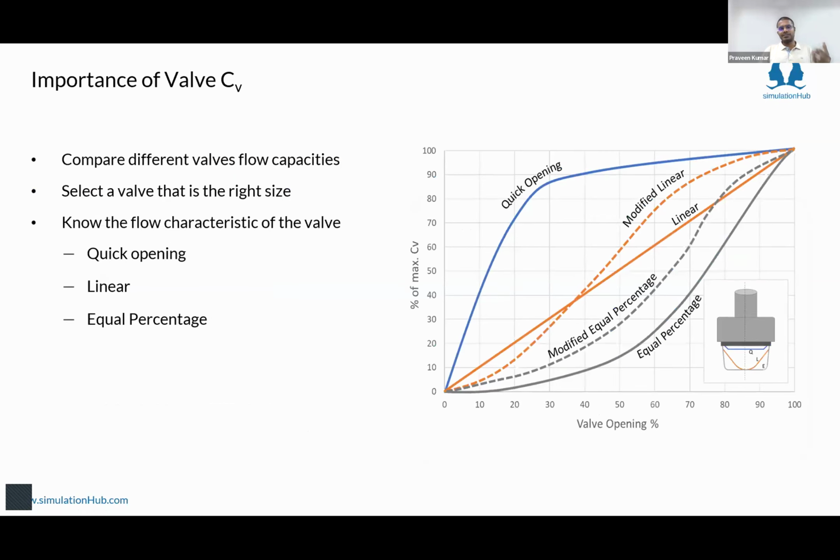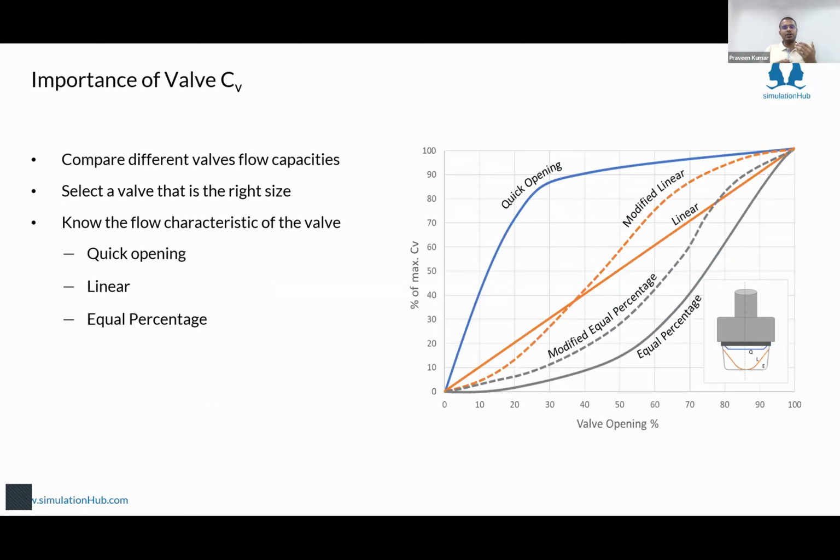The importance is, as I said, that it is used to compare different valves and their flow capacities and select the right size for the job. It also gives information about the flow characteristics, how the flow varies as the valve opens.